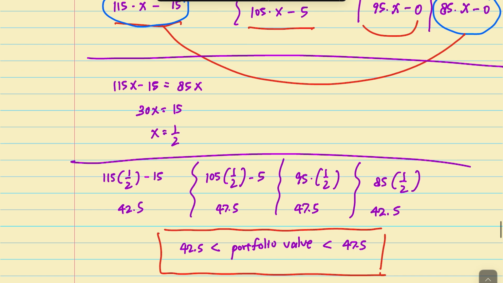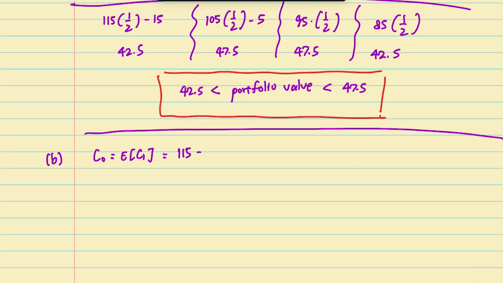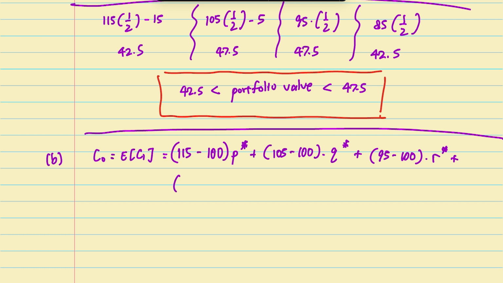Question number B. C0 equals E[C1], which equals, what's the portfolio value? $115, this is the S, minus the K, struck at 100, times P star, the risk neutral probability, plus 105 minus K, the strike price, times Q star, plus 95 minus 100 times R star, plus 85 minus 100 times 1 minus P star minus Q star minus R star.